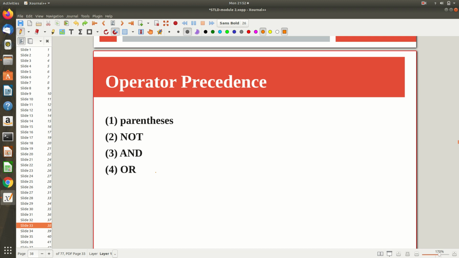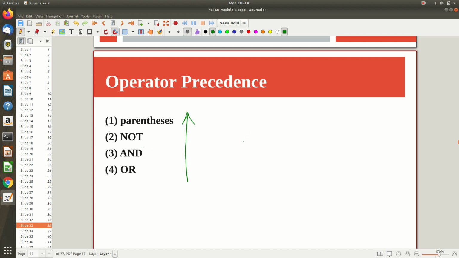And always the parenthesis will get the highest precedence among all, right? So that also you keep in mind. So this is the precedence order. Parenthesis gets the highest precedence, then NOT as a unary operator, then AND and OR, which are binary operators, and AND has higher precedence than OR.